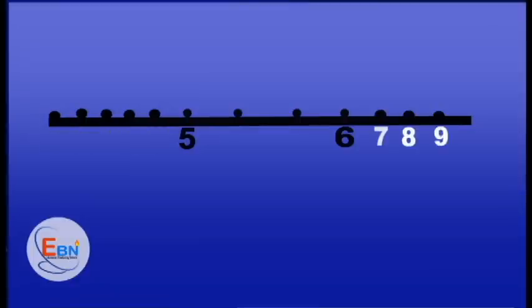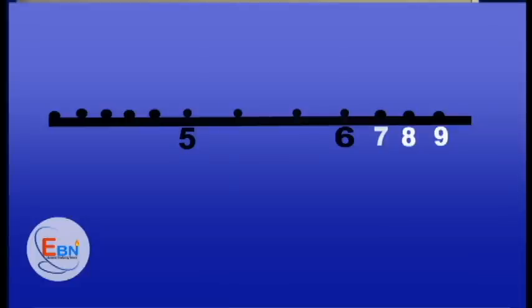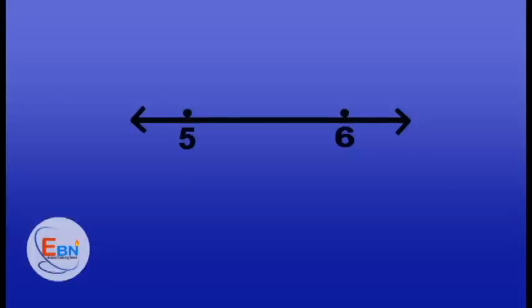And after 6, we have other whole numbers such as 7, 8, 9, and so on. Let us look at the space between 5 and 6. We need to indicate where 2/3 will lie. We will divide the space between 5 and 6 into 3 equal parts.